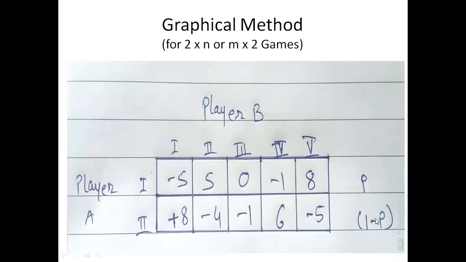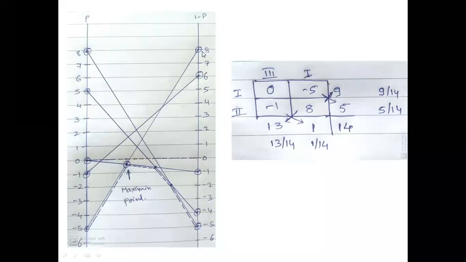So what you do in the graphical method is, you try to draw two parallel lines, one for p and one for 1 minus p. If I have drawn this graph, you see that the first one was minus 5, 8.